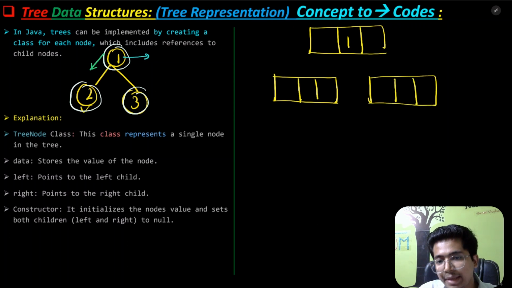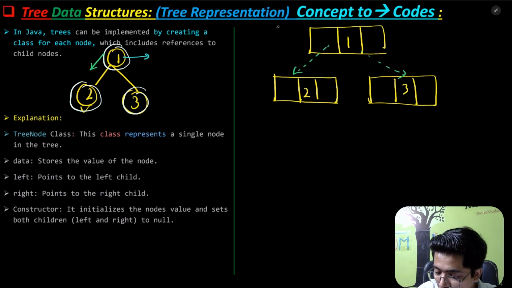When we implement the entire tree, we will be creating all the relationships between them by program. But in today's video, we'll mainly be understanding how we can create this node.